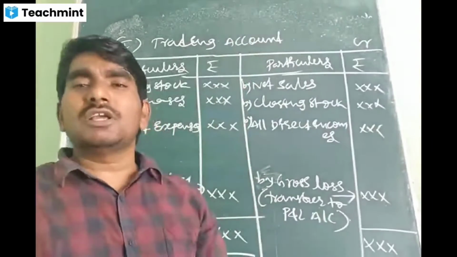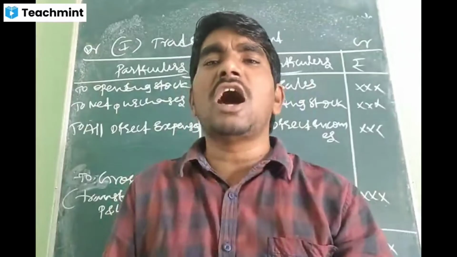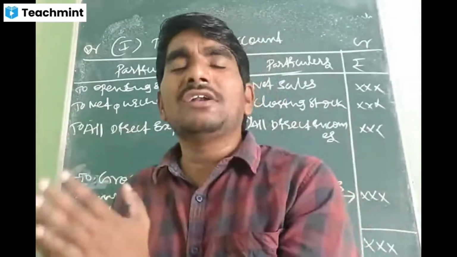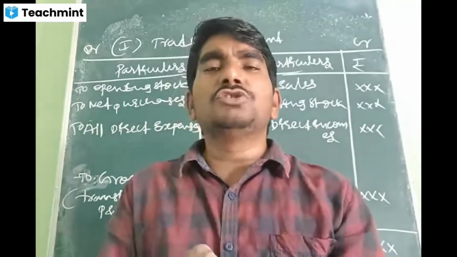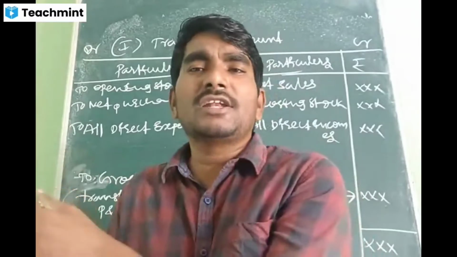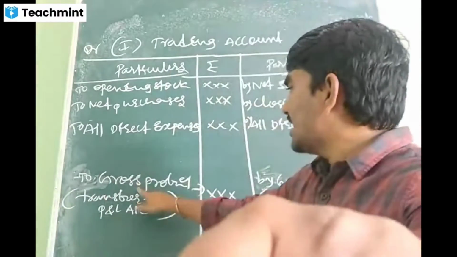In the preparation of the trading account we consider all types of direct expenses and all types of direct incomes. The direct expenses are deducted from the direct incomes, and after that we get the gross profit.